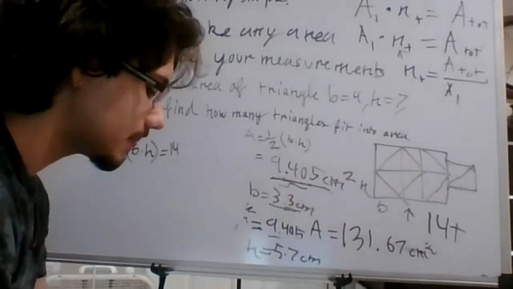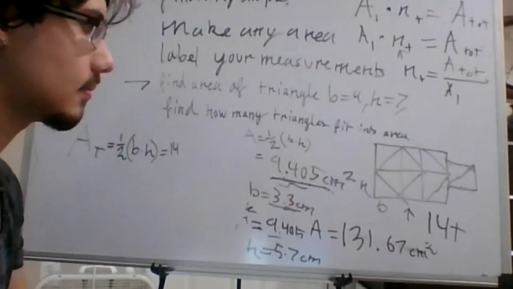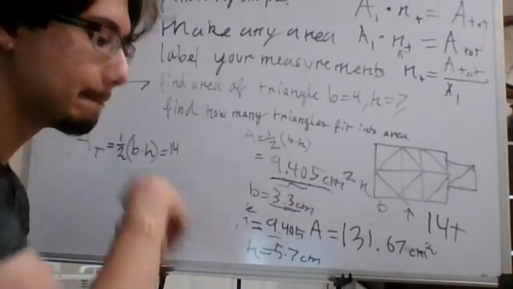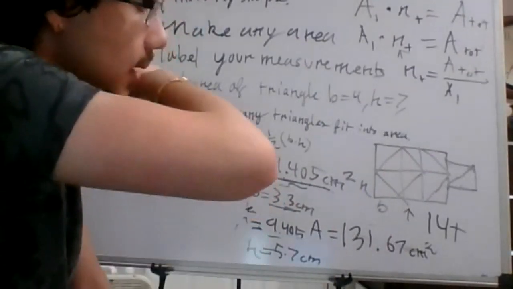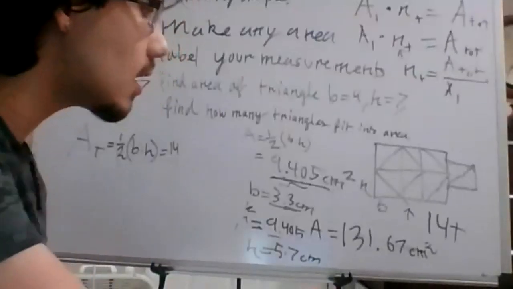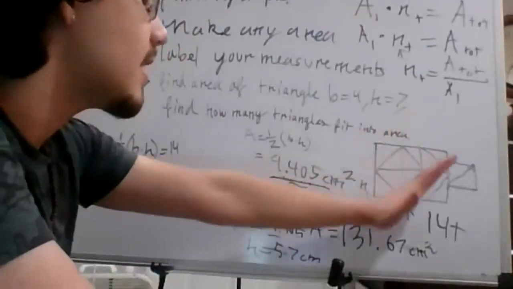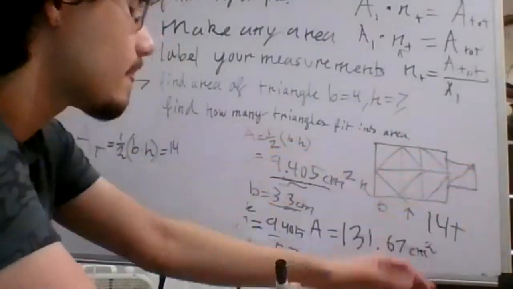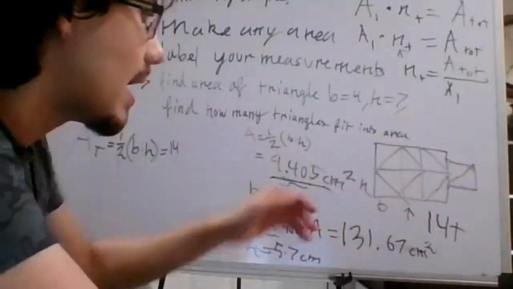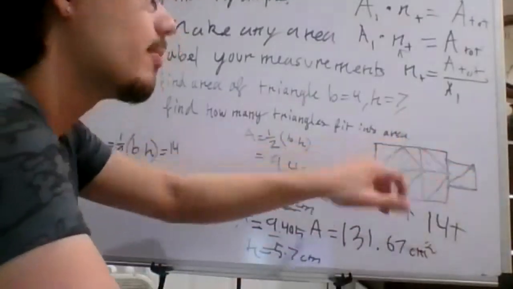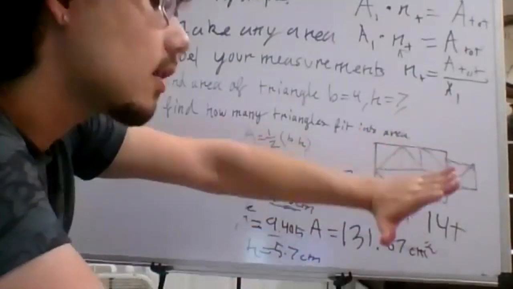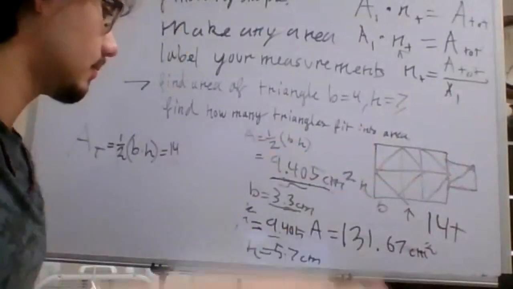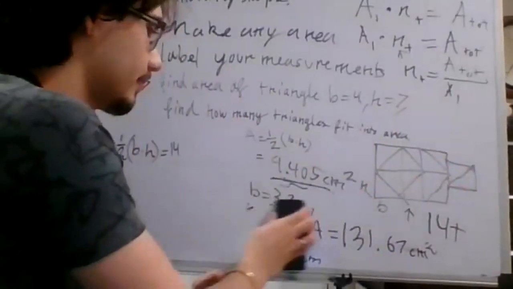Does that make sense? Yes, sir. Okay. So as long as you can say that everything in this model is the same, all the triangles and the squares, you don't have to worry about finding every single little triangle, because if you find one, you know what all of them are. That's how we did our problem.